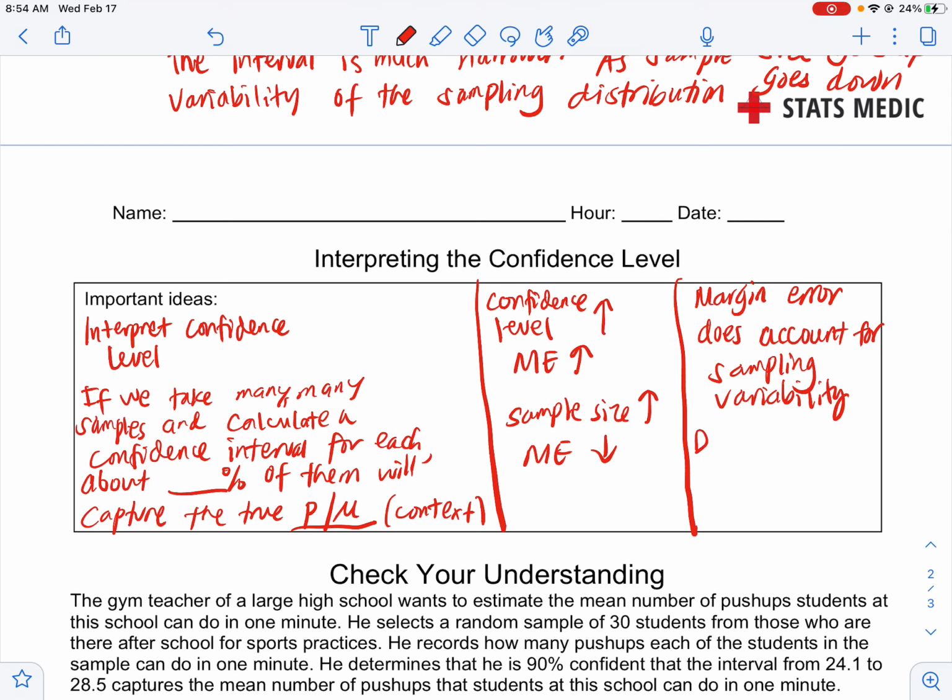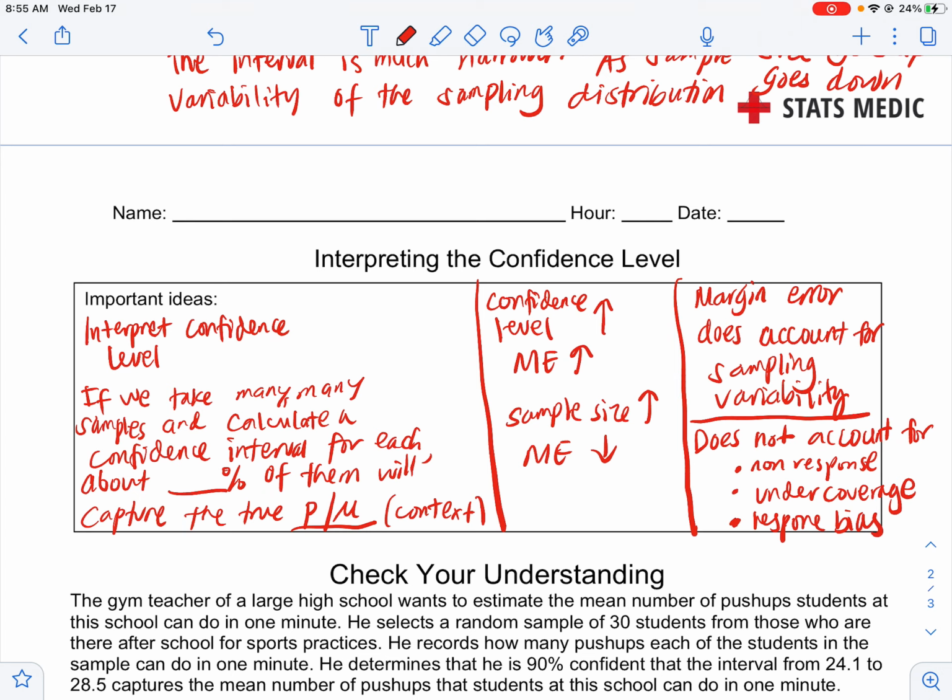Margin of error does account for sampling variability, but does not account for, do you remember this? Non-response. It does not account for non-response bias. It does not account for undercoverage. It does not account for response bias.